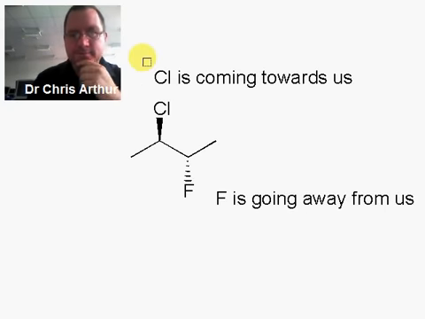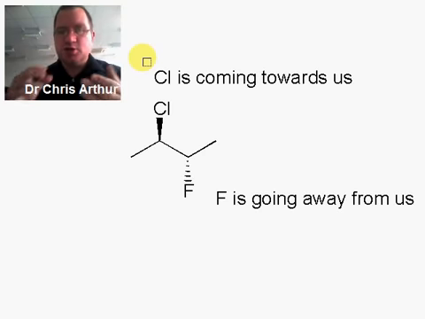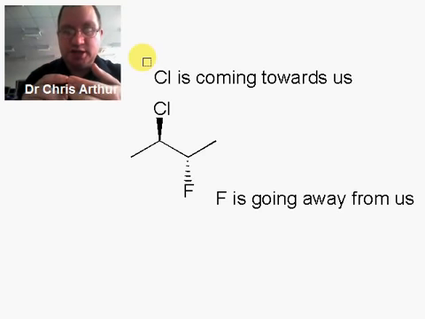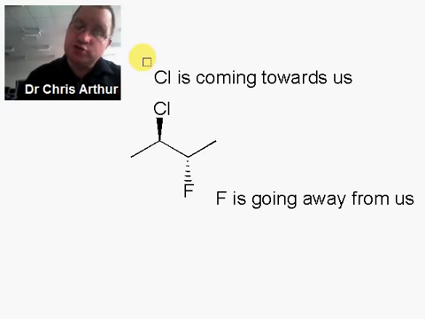Right. So we've now introduced the idea that we could draw a zigzag chain to show a carbon chain. We can introduce elements by writing their atomic symbol. We can draw multiple bonds between elements, and we can now introduce three-dimensional space using these solid and dashed wedges.